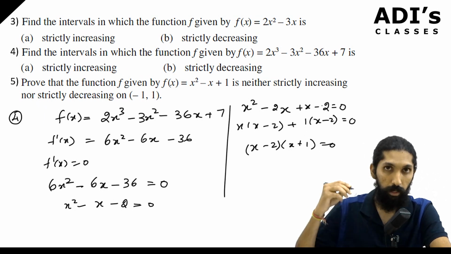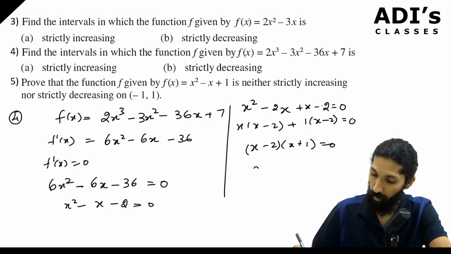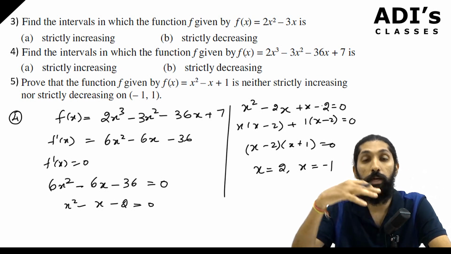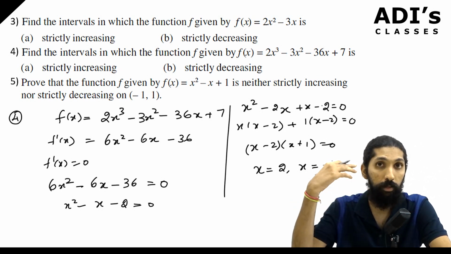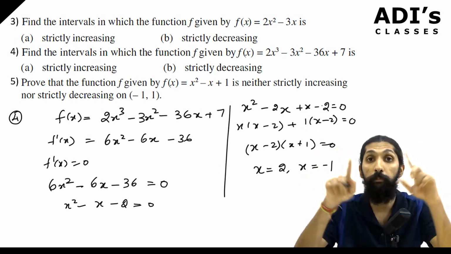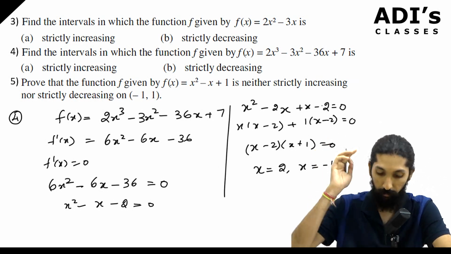Minus 1 to 1, say you take a value of 0. If it is 0, this is positive, this is negative, this is also decreasing. Now the next one, 1 to 3, take any value, this is positive. Say you take a value of 2, this is positive, so it's increasing, this is also increasing. So these are the intervals.